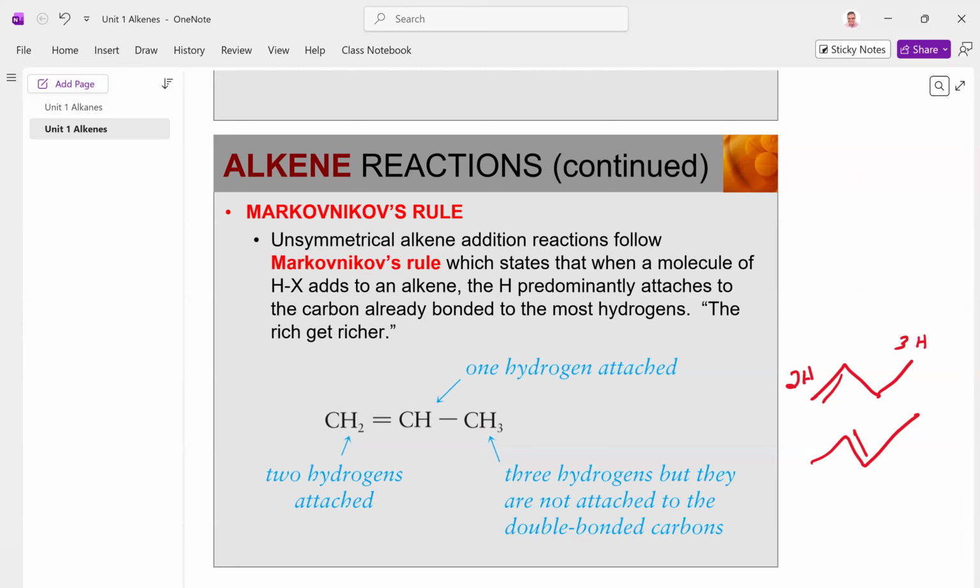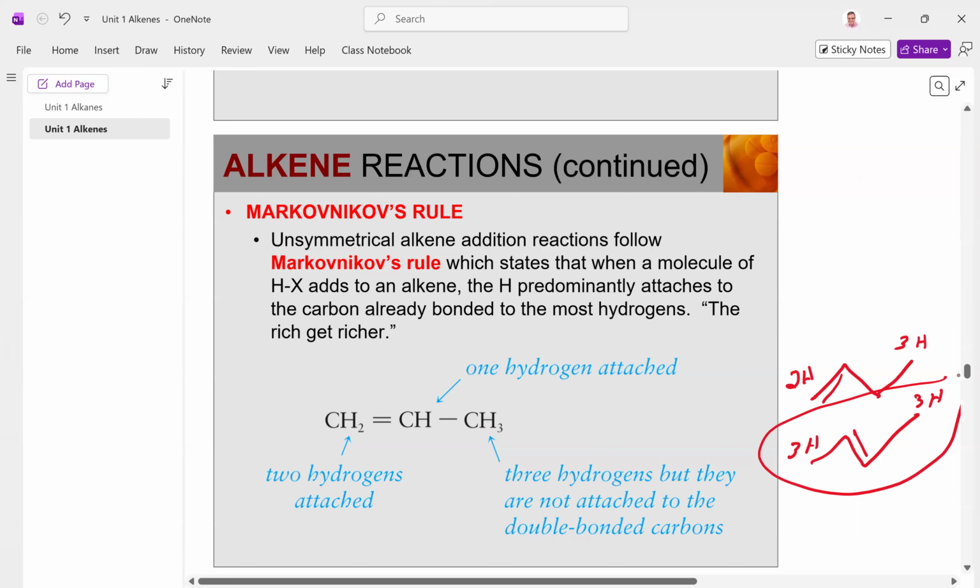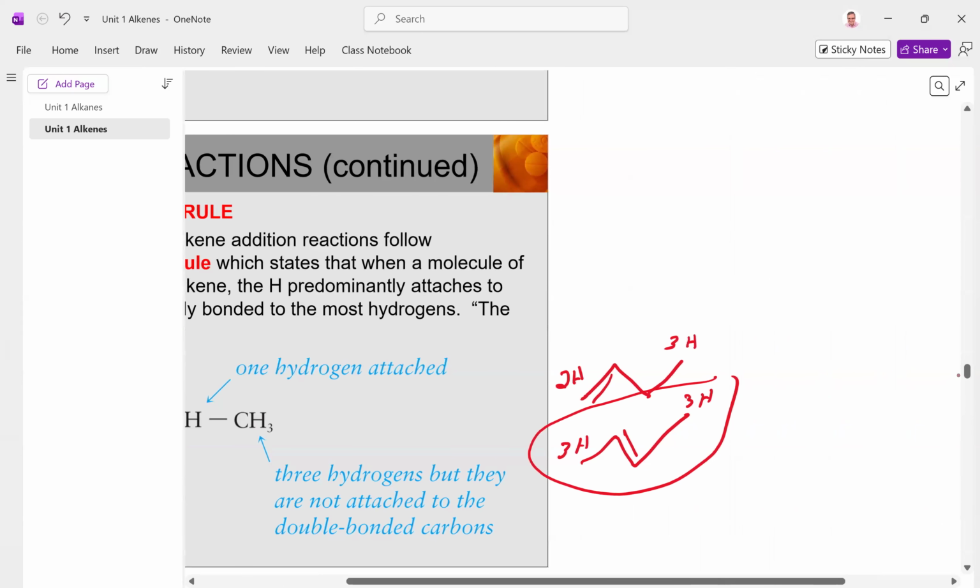Okay, in this one here, we have 3 hydrogens and 3 hydrogens. Which one has more terminal hydrogens? Bottom or top? Bottom. More stable.